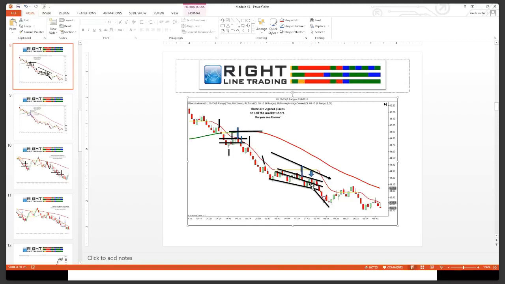Now, there are traders that just trade price action, and they get a lot of winners, but they're going to pull in a ton of losers. What we're doing is we're adding more specificity and more sophistication. Right off the bat, we know that with the 50 like this, and the modified 15 in general, falling, we want to trade short.